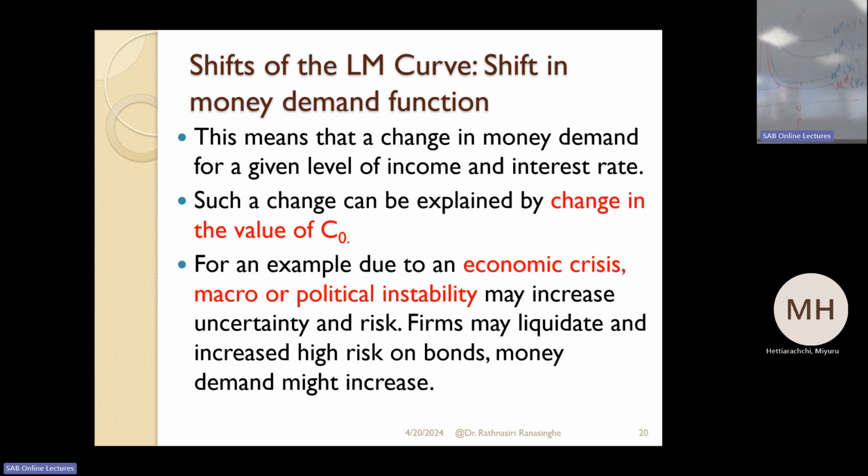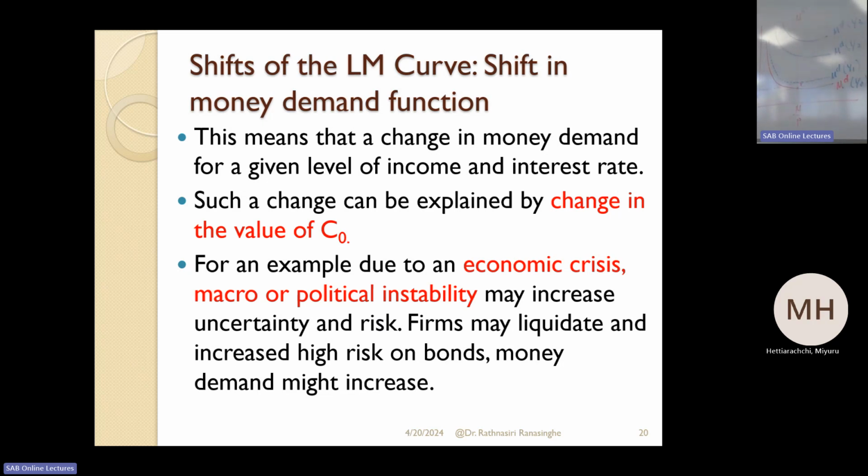If there is uncertainty, people like to keep more money in their hand, not bonds. So under those circumstances, there will be an increase in money demand. People keep money, not bonds, if there is uncertainty. So that will increase the money demand.